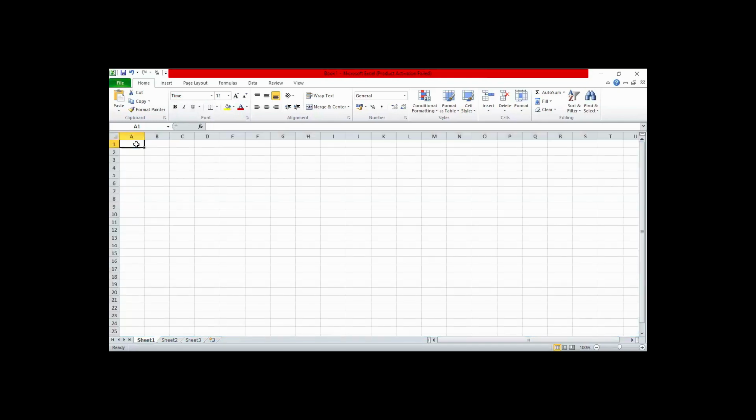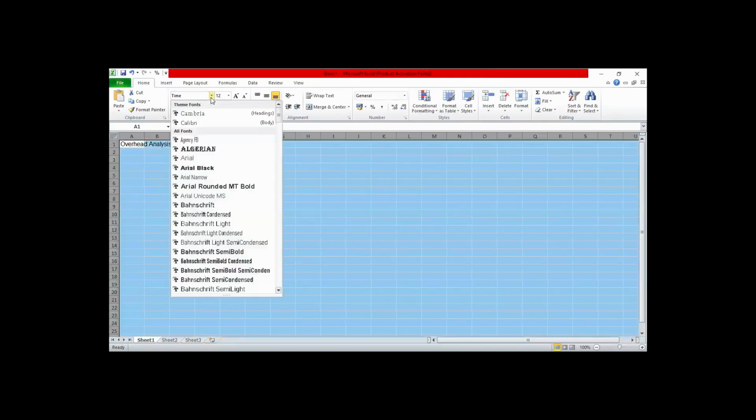Overhead analysis sheet. Hope you can all see the board.